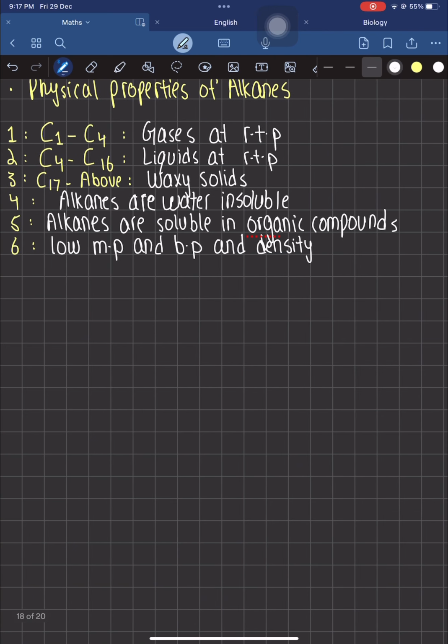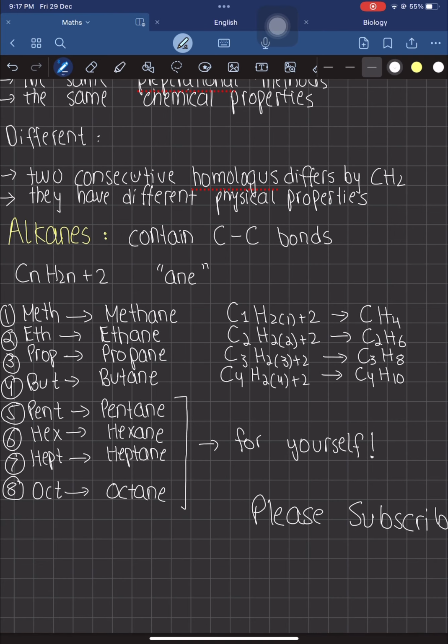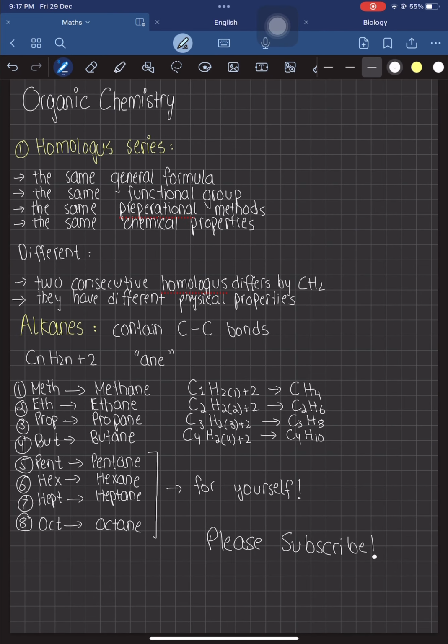But these melting points, boiling points and density vary as we go down the homologous series. So what happens with them? As we go down the homologous series, from meth to eth, from eth to prop, the melting and boiling point increase, as well as the density and the mass.